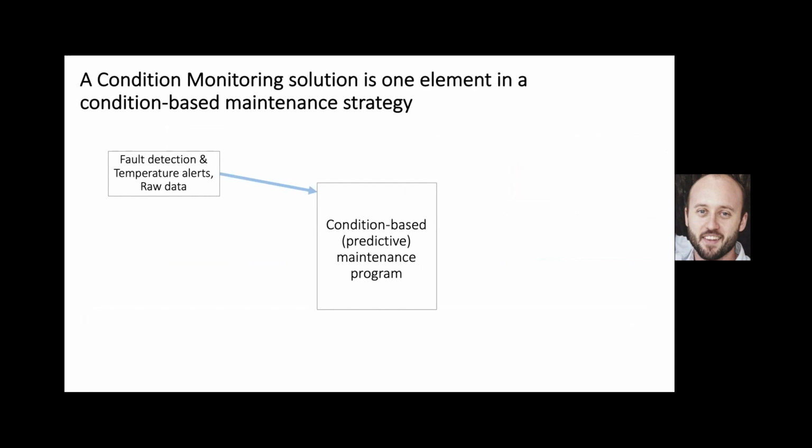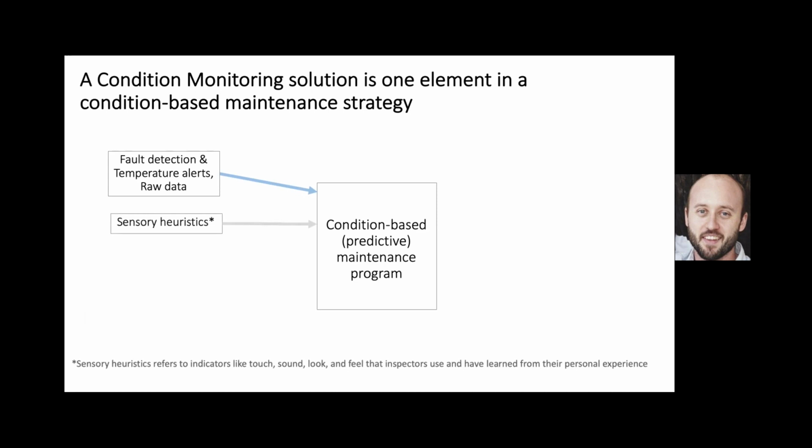And oftentimes, if used properly, is going to be the most critical component in the maintenance strategy, because it is indeed what turns that maintenance strategy from run to failure or scheduled maintenance to condition-based maintenance. But there are other factors that are also used in a maintenance program that we shouldn't overlook.